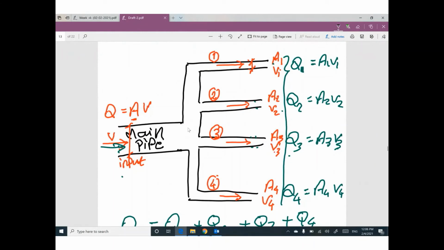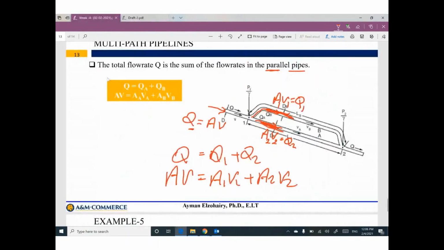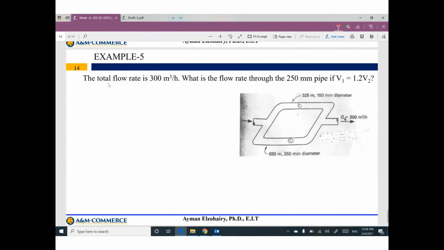Okay, so how many branches? We need to add them together, and all of them equal the main discharge. We have an example here.